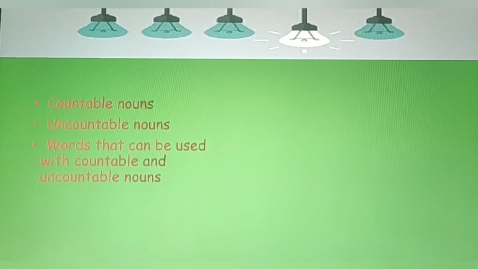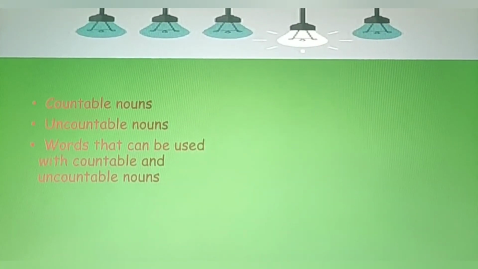Then we learn that some words can be used with countable nouns and some words can be used with uncountable nouns. The words which we can use with countable nouns are a and the, a bag, an egg. We use an with a vowel.